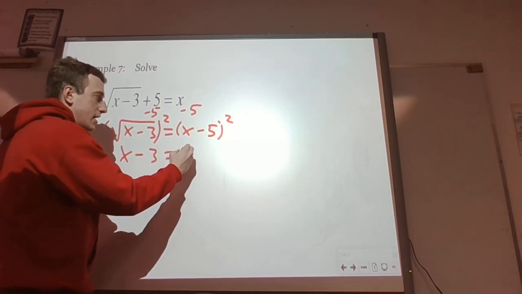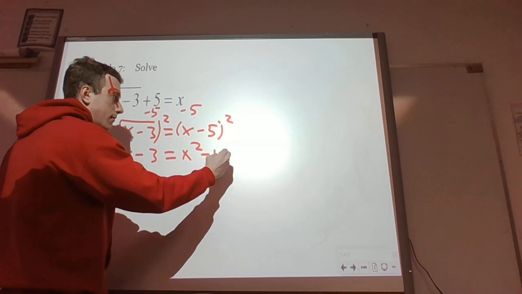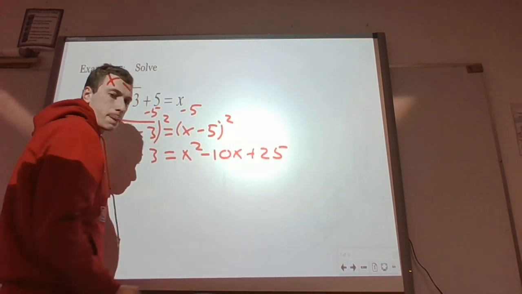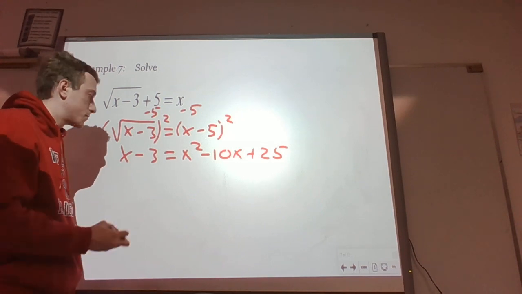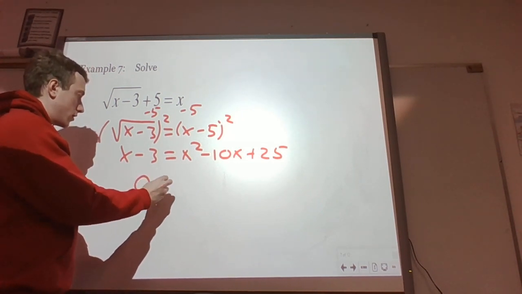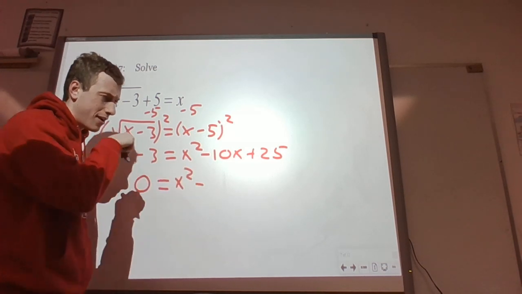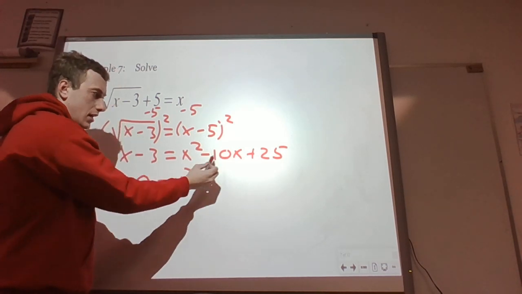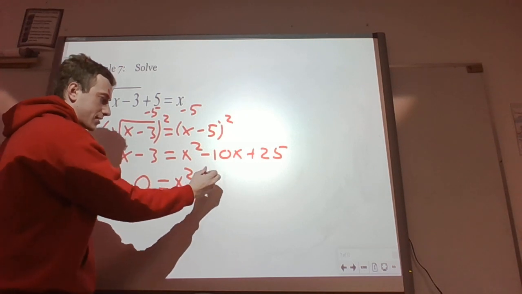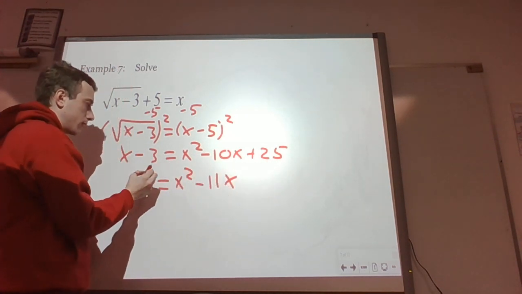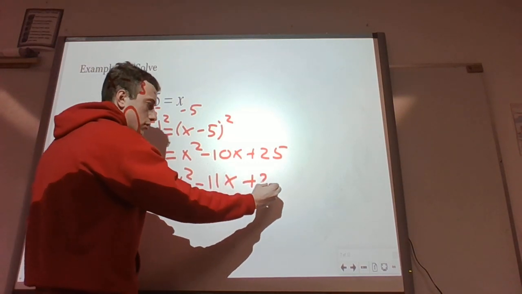x minus 3 equals x squared minus 10x plus 25, which must mean, if we subtract these over, x squared minus 10x minus x, negative 11x, 25 plus 3, 28.